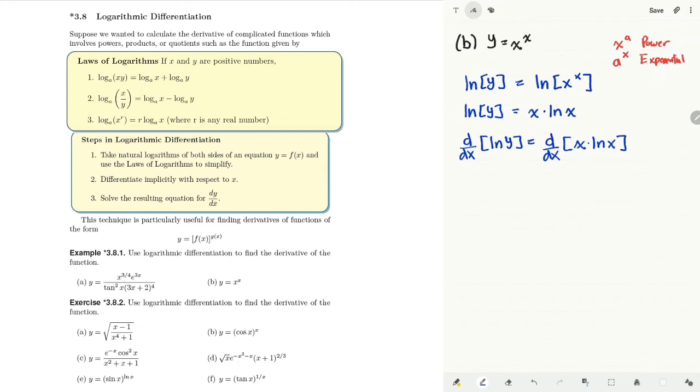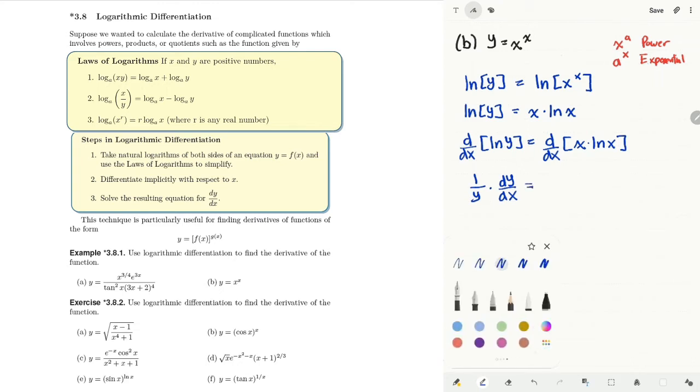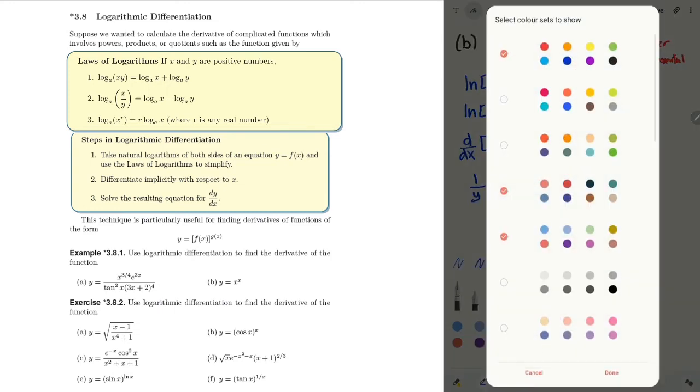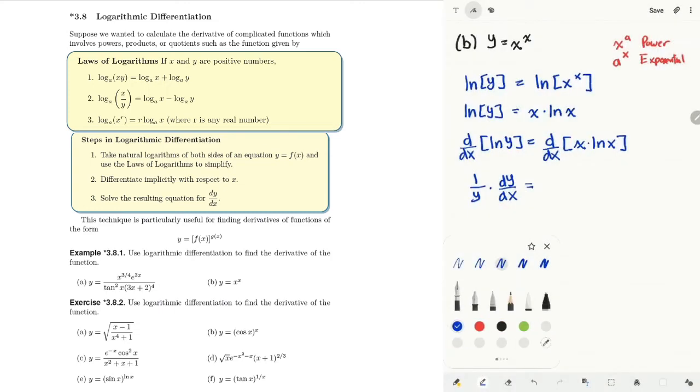So the derivative of the ln of y with respect to x, by the chain rule, that's 1 over y times dy over dx. And on the right-hand side, we will use the product rule.